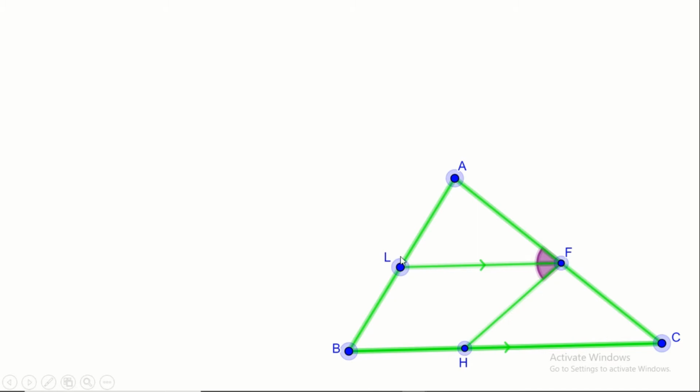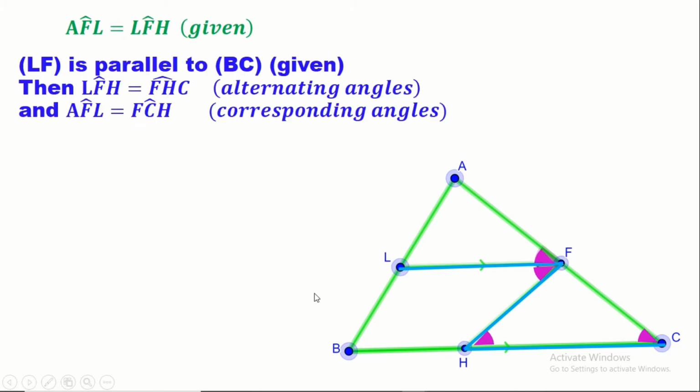If we analyze the given, first of all we have parallel lines. We have LF parallel to BC. How to analyze this given? Whenever we have parallel lines, we will have alternating angles that form the shape Z. So we can say that the angles FH and FHC are equal to each other as alternating angles.